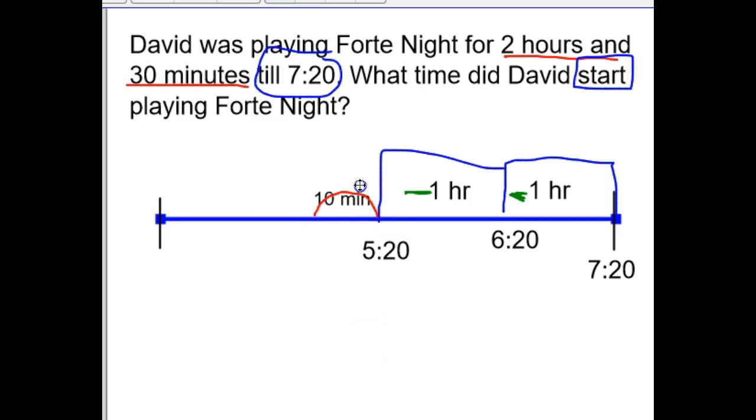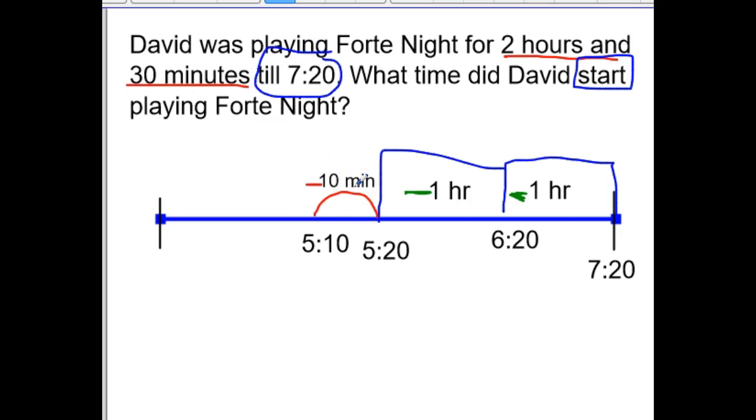So if I subtract 10 minutes here, I'll have 5:10 because I'm working over here in my minutes. I take my 10 away. I'm going to put that minus there also. Minus 10, okay?